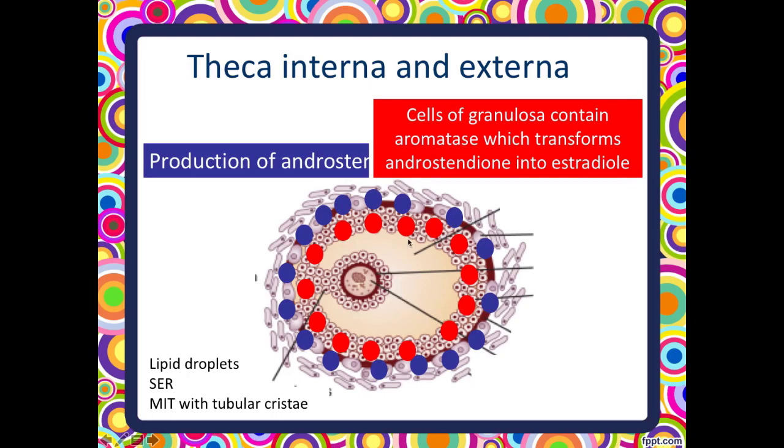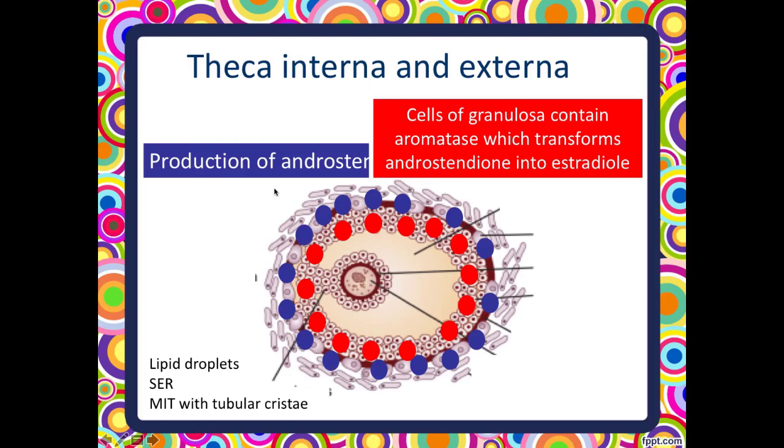So the granulosa cells contain aromatase, which is an enzyme transforming androstenedione into estradiol to produce estrogens. The theca interna cells produce androstenedione.